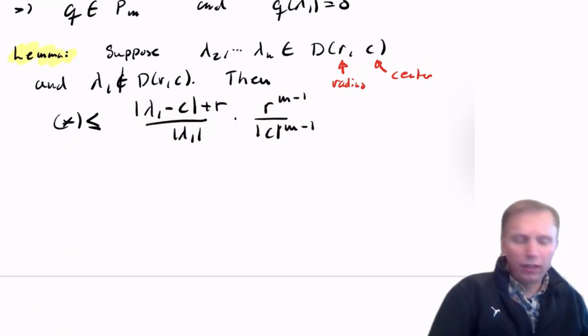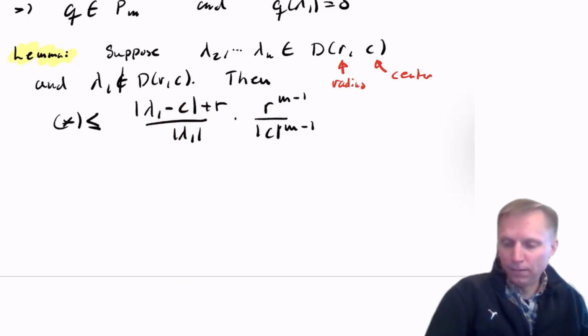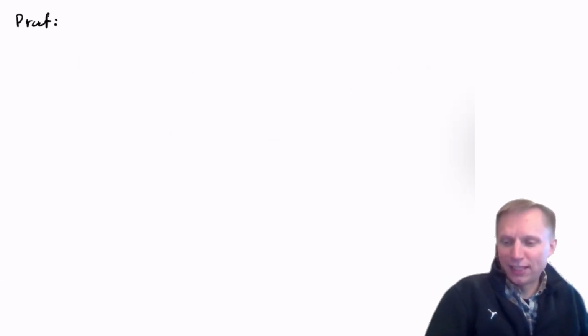So it means that the quotient r over c determines the rate of convergence in this bound. So the rate of convergence in the bound with an outlier is actually the same as the rate of convergence in the bound without outlier. But instead, it comes at the cost of a coefficient. But let's prove this.